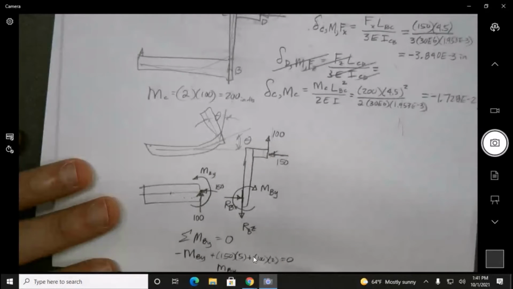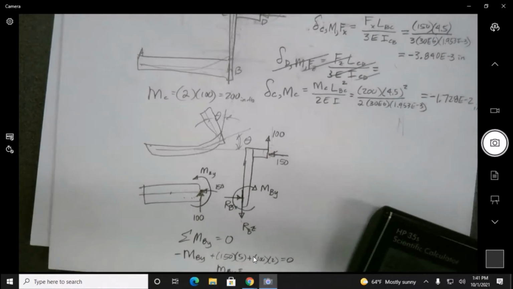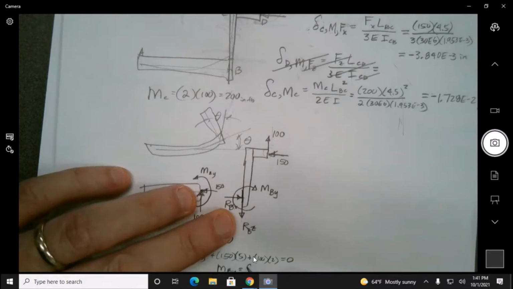So our MBY is going to be equal to 150 times 5. Should be able to do that. 750, I could do that. And then plus 200, okay. So 950 inch-pounds.